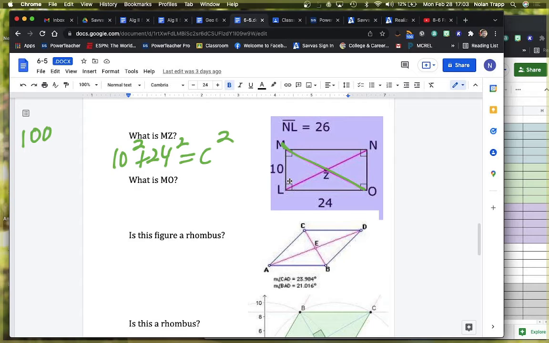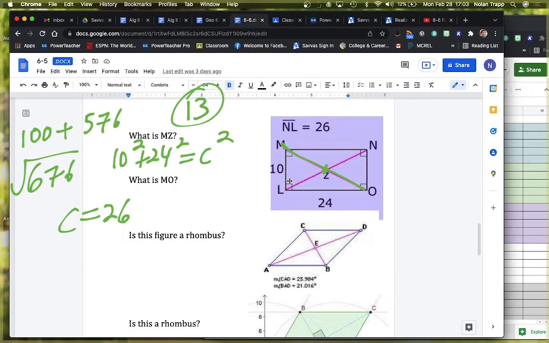It's 100 plus, what is 24 squared? 576, which would equal 676, which square rooted I believe is 26. So that full length is 26. Since Z has to be halfway in the middle, that would make MZ be 13. Okay, MO, obviously we just found, is 26.